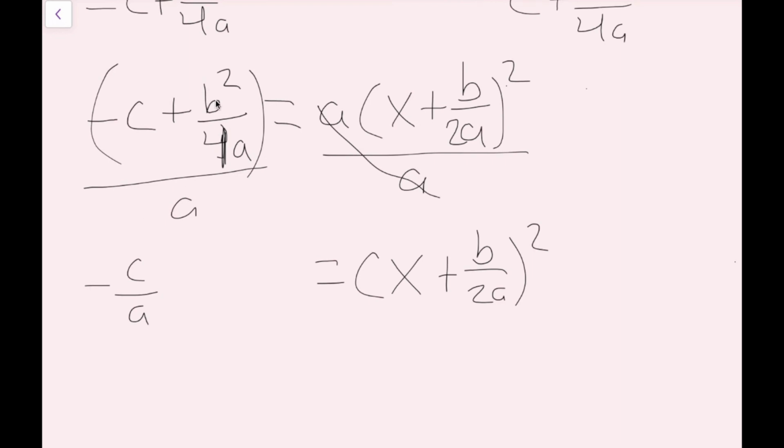And then this is going to be b squared over 4a divided by a. But remember, division by a is the same as multiplication by the reciprocal of a, so 1 over a. So it's b squared over 4a times 1 over a. The b squared stays b squared, and the 4a times a is going to be 4a squared.